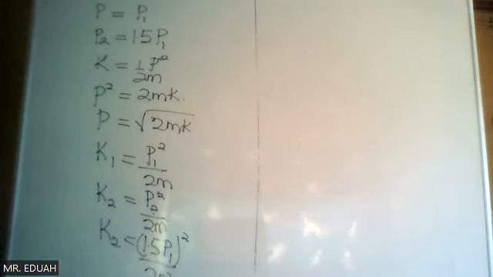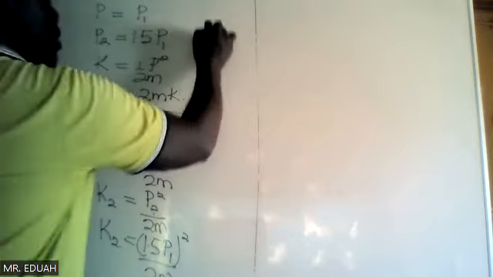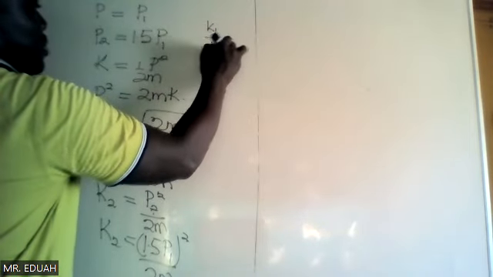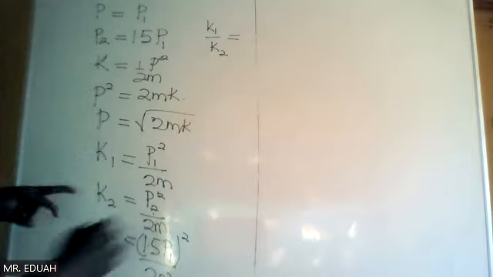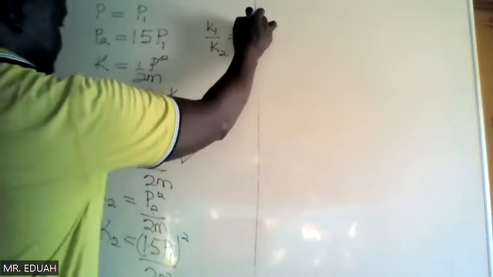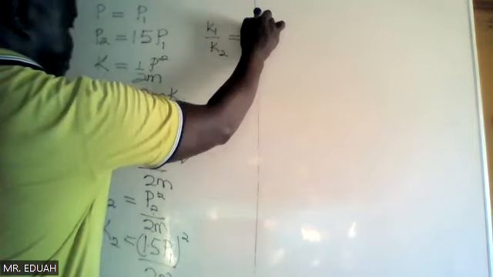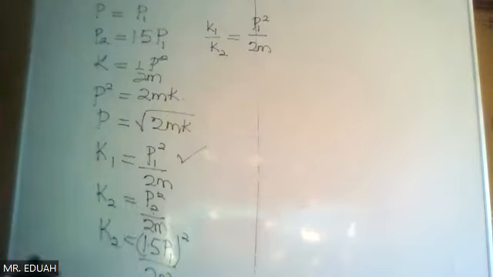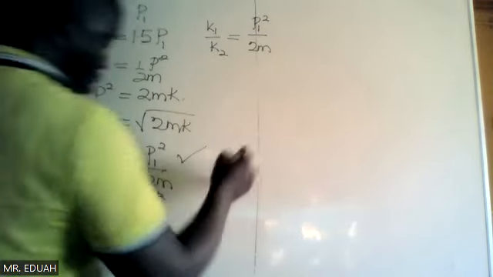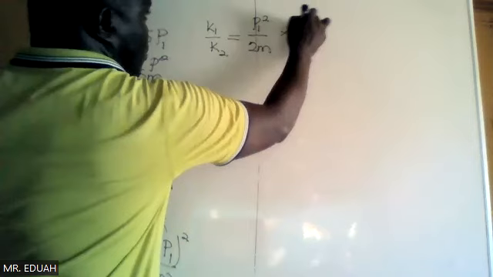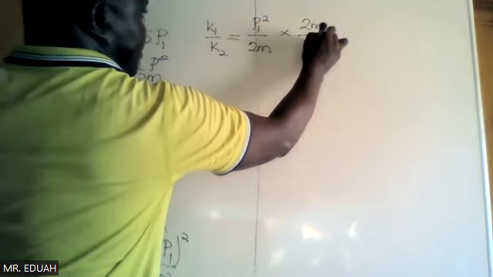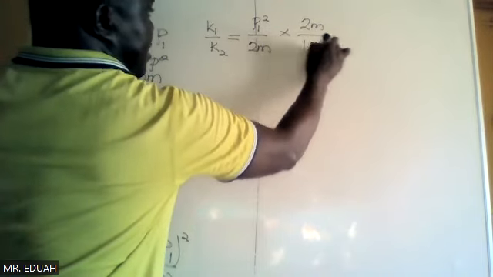When we take the ratio of the kinetic energy, K1 on K2, what is K1? K1 is P1 squared on 2m, times 2m over 1.5 P1 all squared.